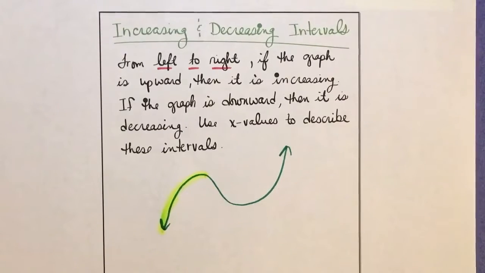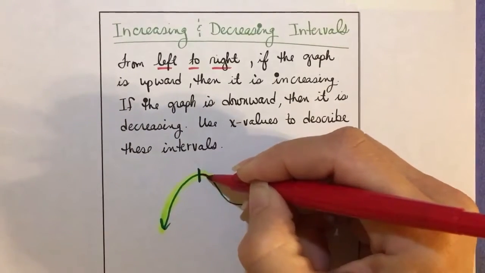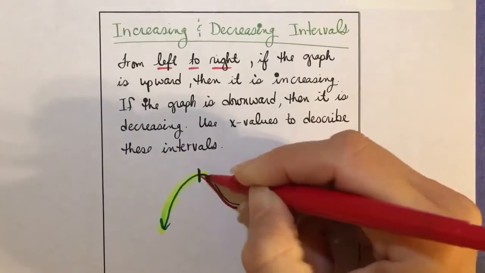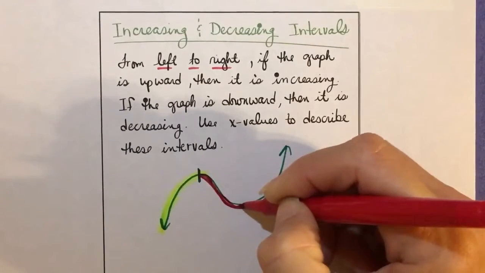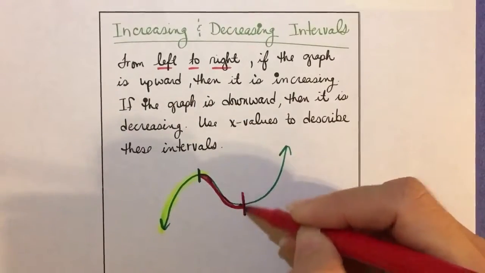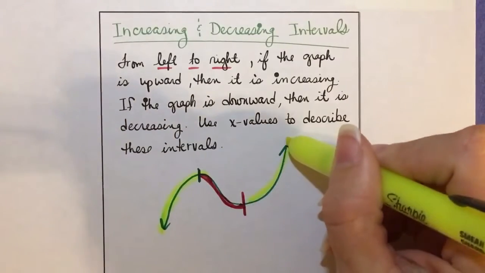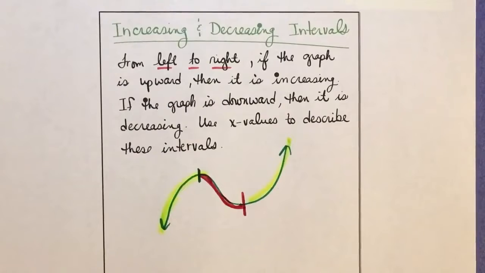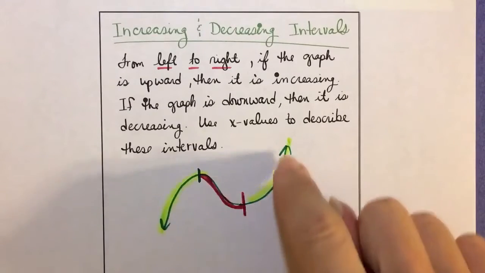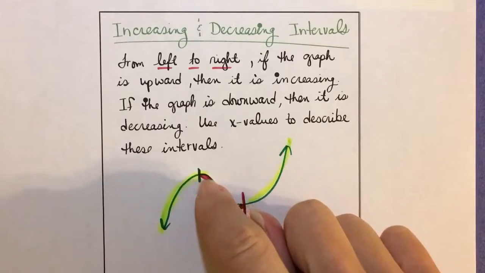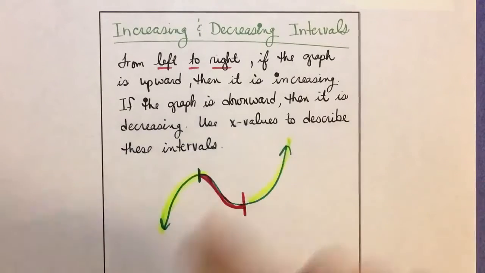So I would increase on this portion here that I've got highlighted, but the increasing is going to stop right there because then what happens on the other side, like from here to here, I would be going down a hill. I would be going downward, so that's going to have to be decreasing, and it's going to decrease until I get to there. But then I pick back up, and I'm going to be going back up a hill, okay? So when you look at it, like I said, from left side to right side, this part increases, then it decreases, and then it increases, okay? That's what we're going to be looking for.